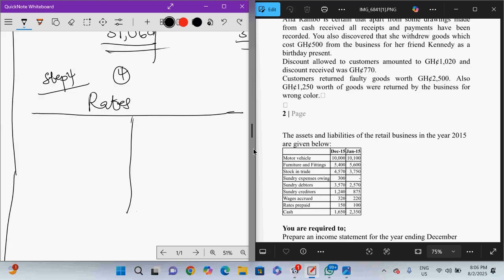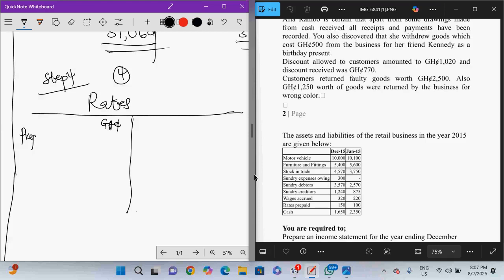Expenses have a debit balance, and assets have a debit balance. So the balance brought down will be at the debit side because rate prepaid is an asset and assets have debit balance.